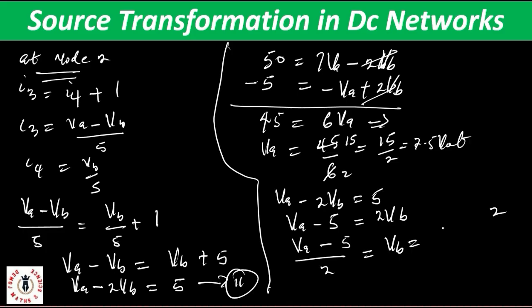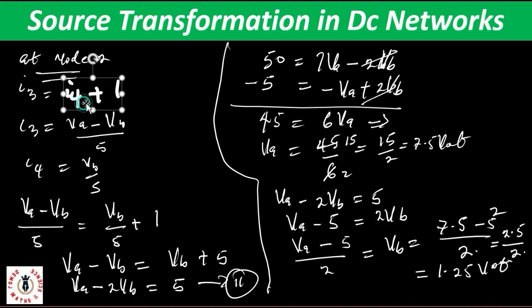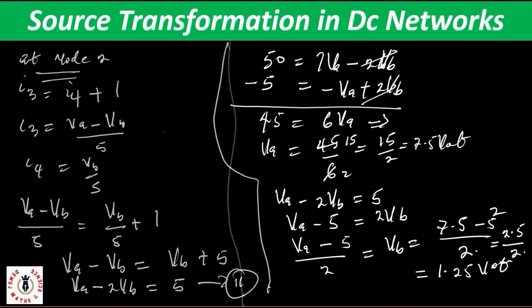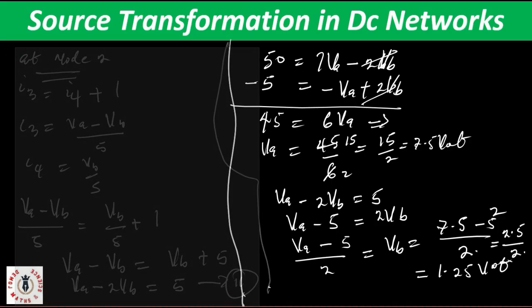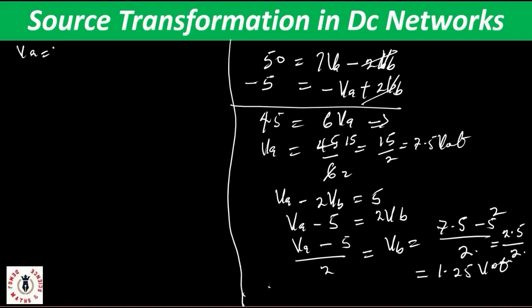My VA is 7.5, so 7.5 minus 5 over 2 is equal to 2.5 over 2. I think that's the same thing as 1.25 volts. Now with this, we can begin to solve for each of the currents. We've gotten that VA is equal to 7.5 and VB is equal to 1.25.